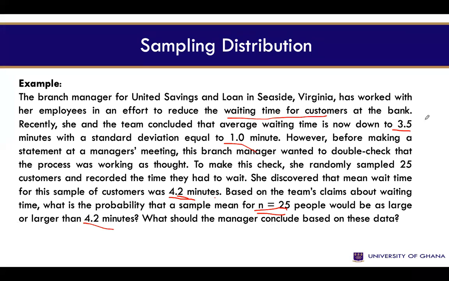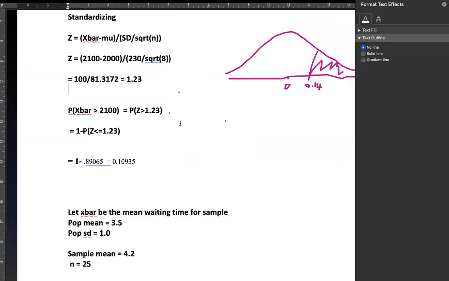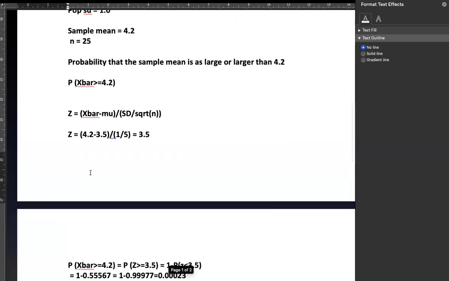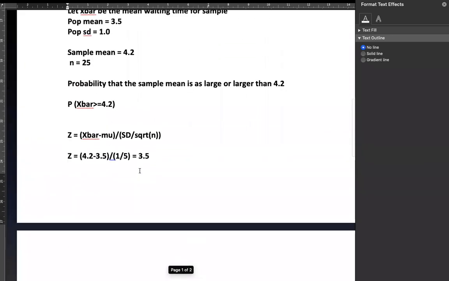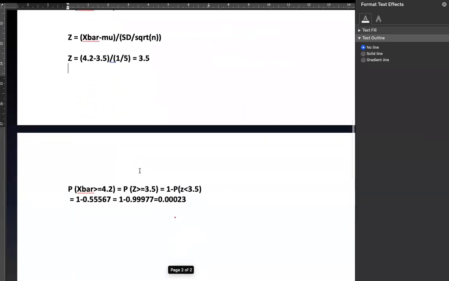Sir, please, can you go back to the solution? I didn't understand up to the part where we got the 3.5. It's just based on the formula that we use, the relation between z and x bar, and it follows from all the stuff that we've done from the top.